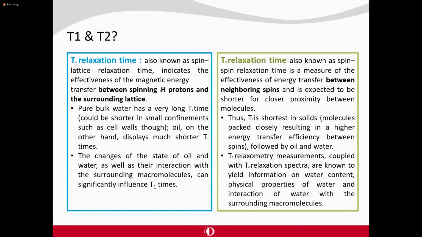So T2 is usually the shortest in solids, resulting in a higher energy transfer efficiency between the spins, followed by oil and water. Water also has a long T2 relaxation time. T2 relaxation measurements are coupled with the relaxation spectra.